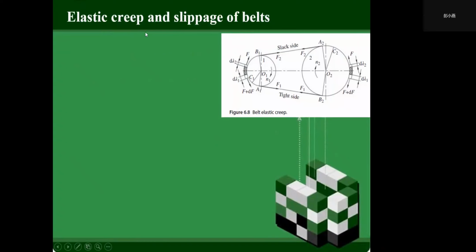And the elastic grip and slippage of belts. We consider this.